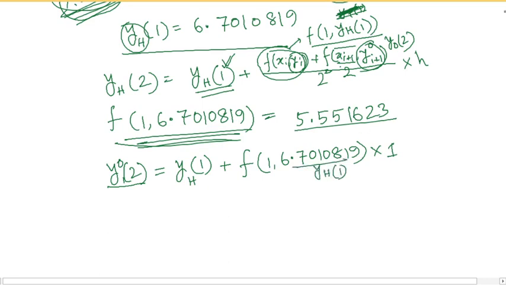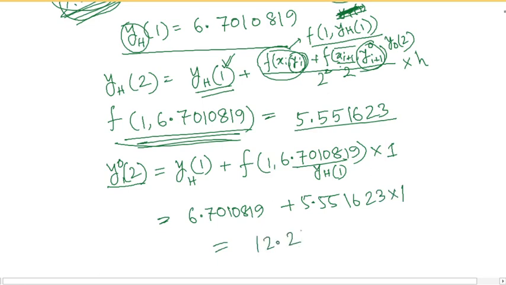If it were local error, then we might have used the true value here. So this one will be equal to 6.7010819 plus 5.551623 multiplied by 1, which will give you the result as 12.252705.